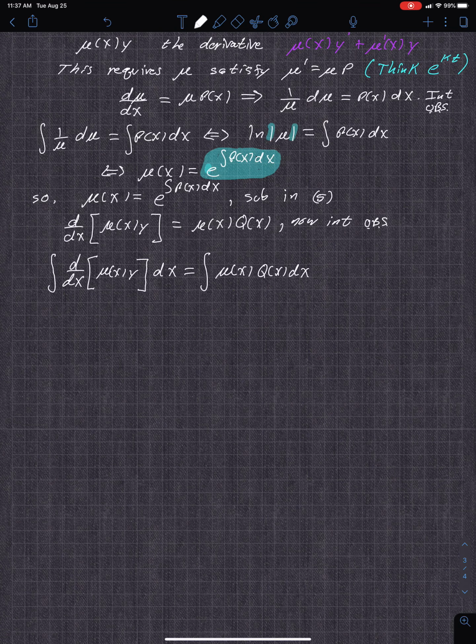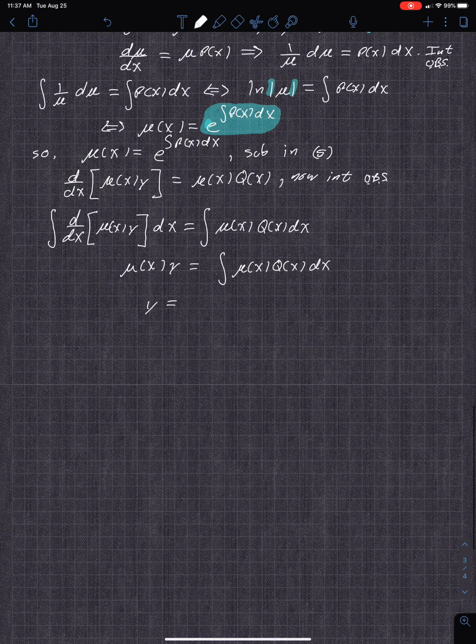And so the left-hand side just becomes mu of x y equal to whatever that integral is, mu of x q of x dx. And then if you solve for y, you get the actual equation. So this is the general form.